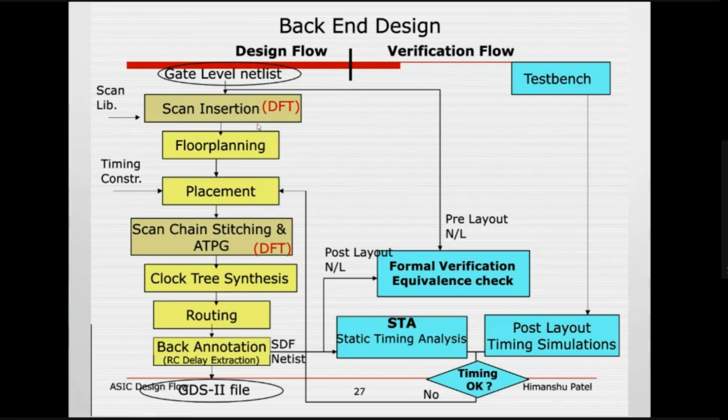In between placement and routing, you have these many steps: placement, where you do scan chain stitching and ATPG DFT properly, clock tree synthesis, routing, and back annotation with RC delay extraction. This you will learn, guys. Don't take it too much on your head now. This is the flow.